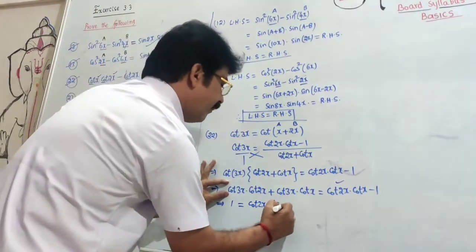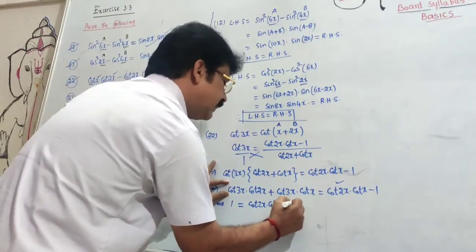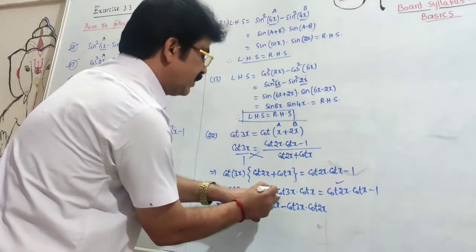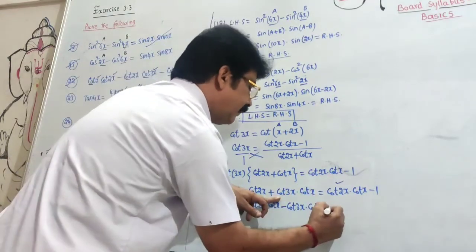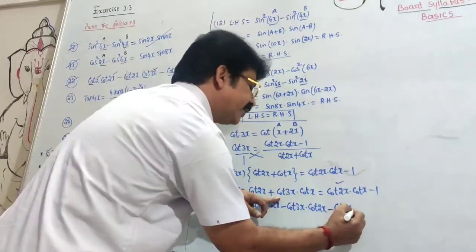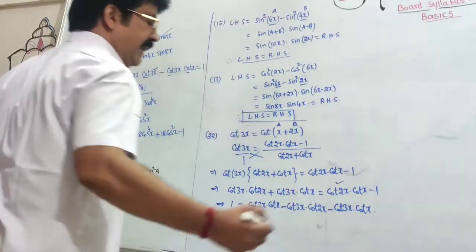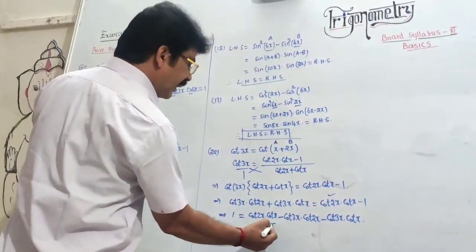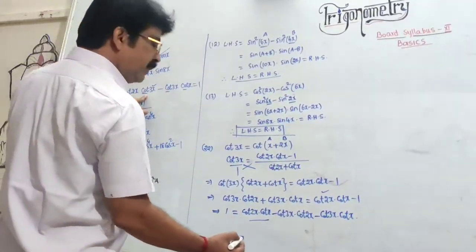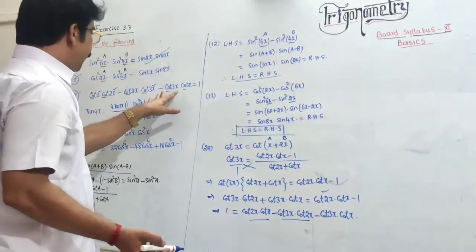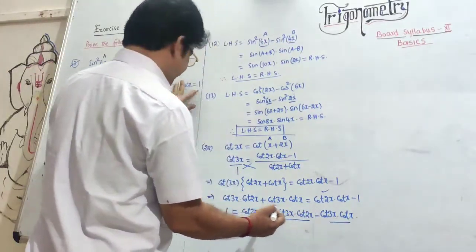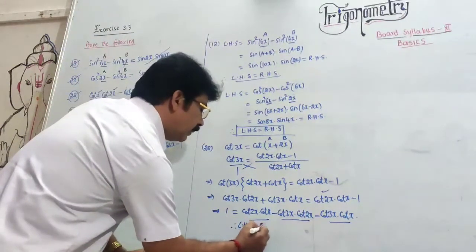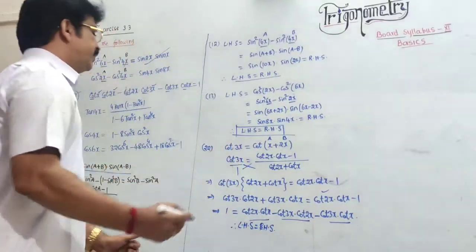Next, it will become minus on that side: cot 3x into cot 2x. Next, on the other hand, minus cot 3x into cot x. So therefore, clearly cot x into cot 2x, minus cot 2x cot 3x, minus cot 3x cot x, that is equal to 1. So therefore, LHS equal to RHS in this question.